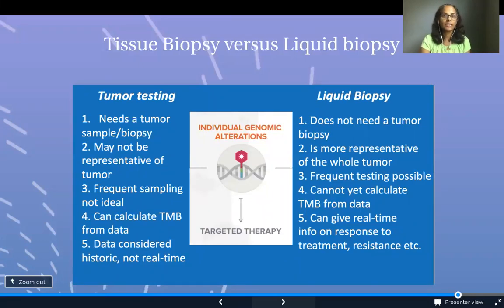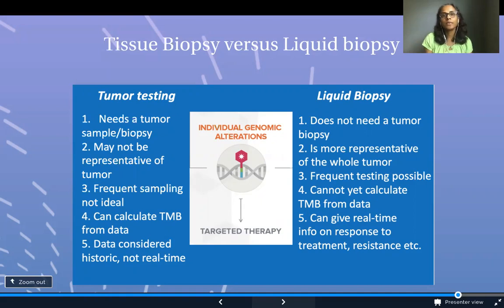So there is this idea of tumor heterogeneity, which means the whole tumor is composed of a bunch of clones. So when you're sampling only a part of the tumor, and you get those mutations, you assume that the rest of the tumor is composed of the same mutations, which may or may not be true.